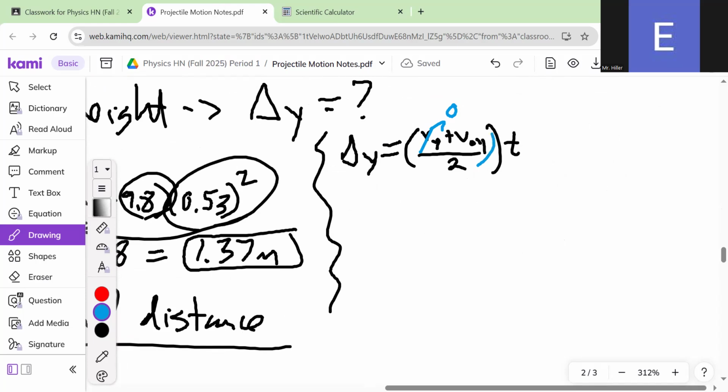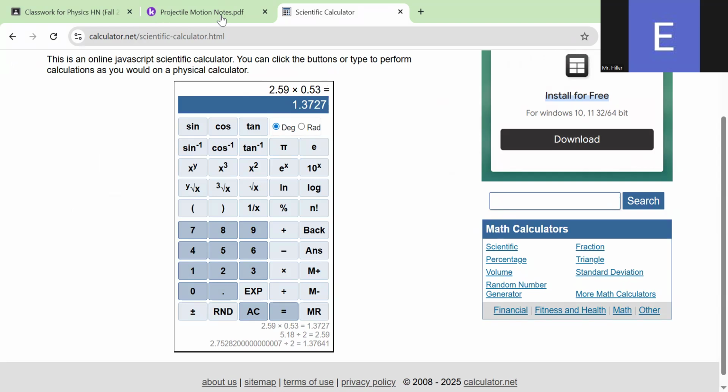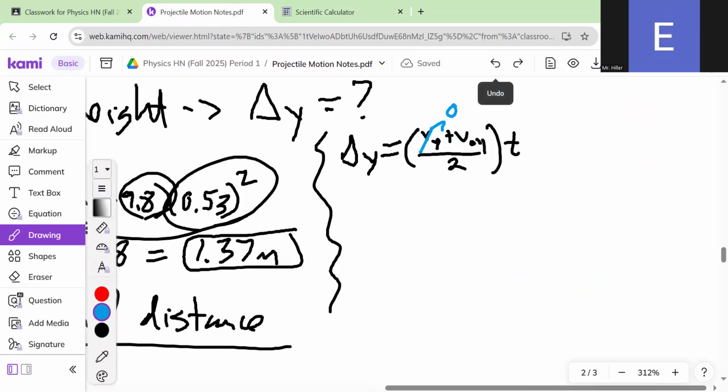So I go 5.18 divided by 2 times the time of 0.53, and you can see I'm getting 1.37.